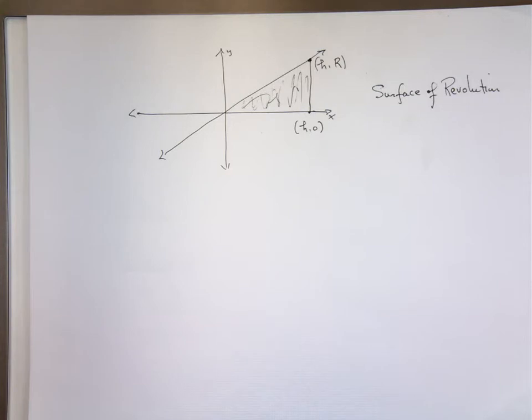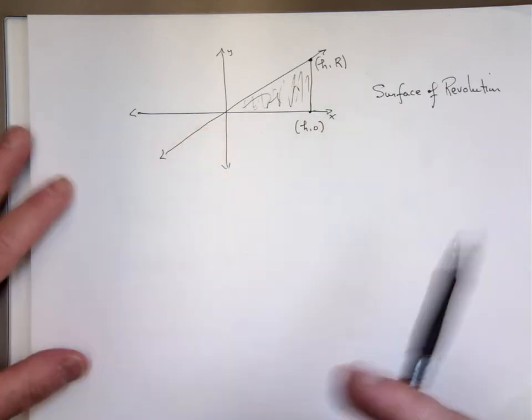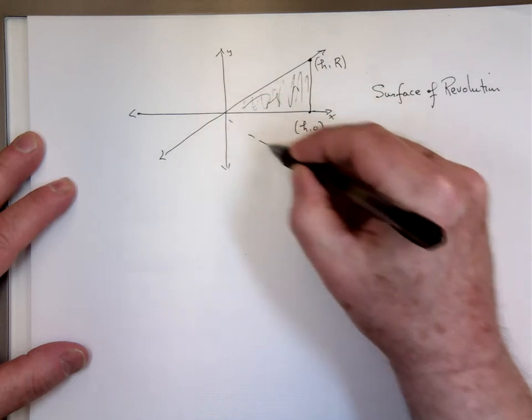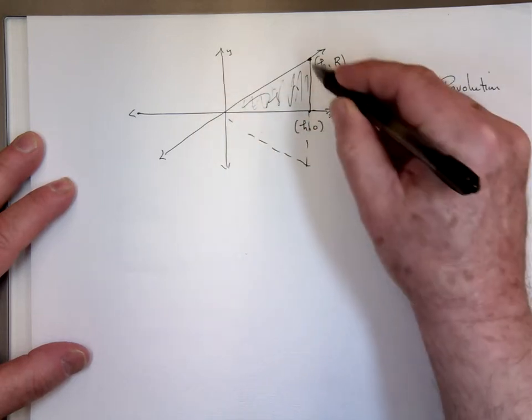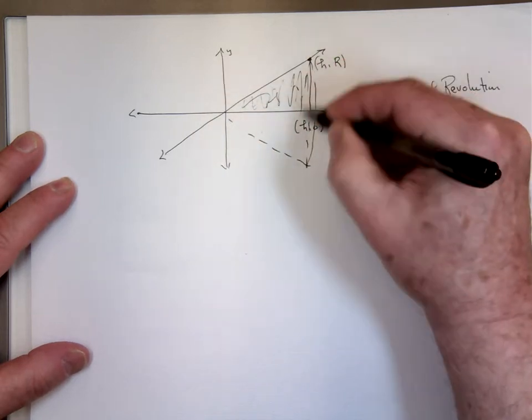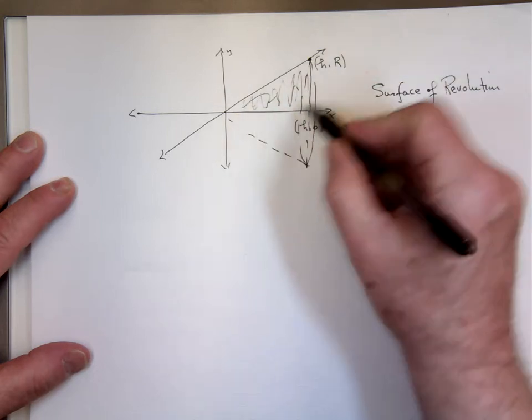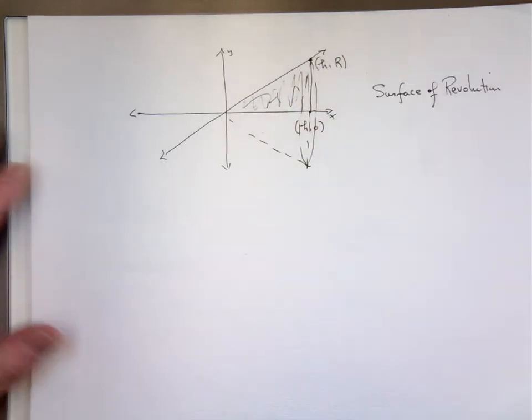So we're going to derive the volume for a right circular cone. That's what we're going to do right now. Because when we take this area about the x-axis, it's going to generate this right circular cone whose height is h, and whose radius is capital R. And we want to find its volume.